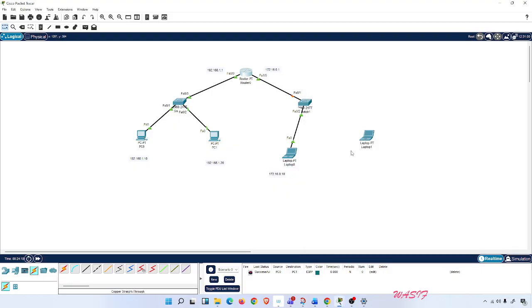Let's give some time, because of spanning tree protocol, it is taking time.